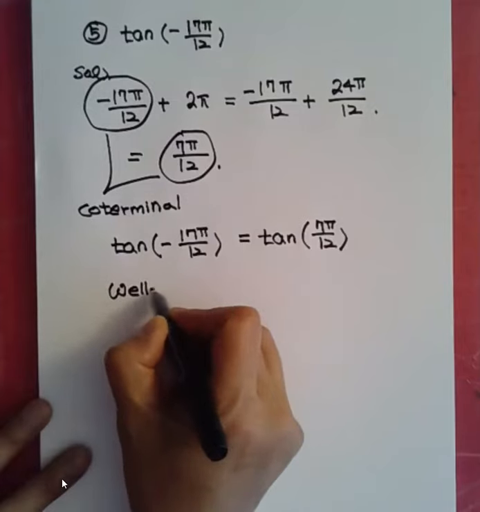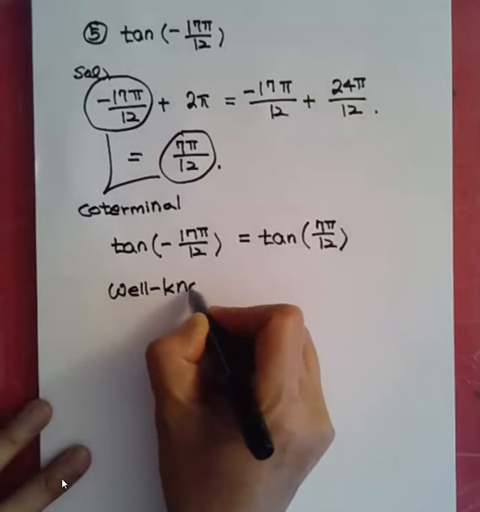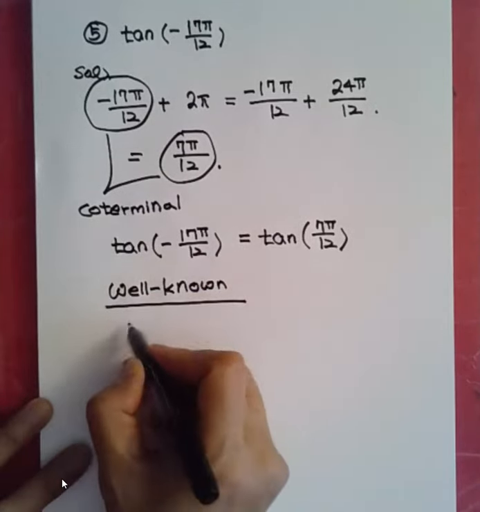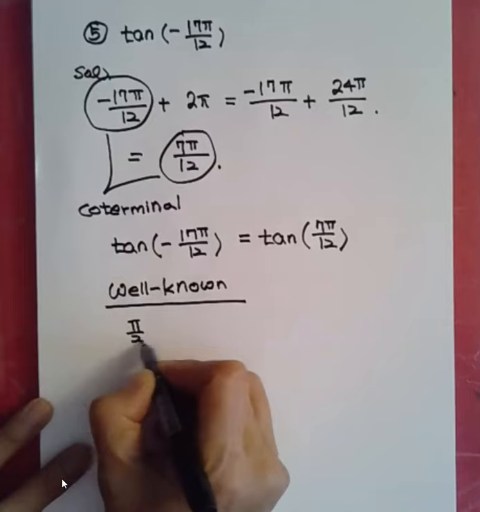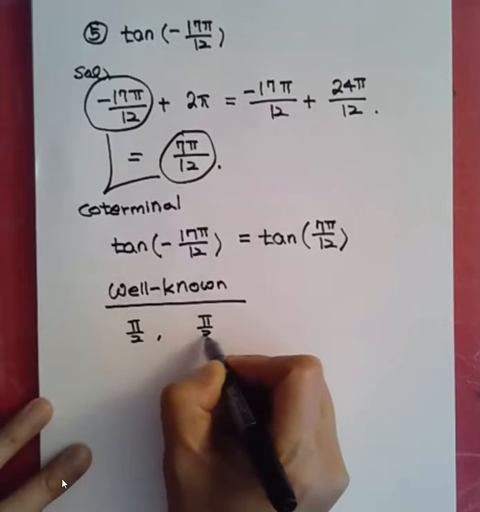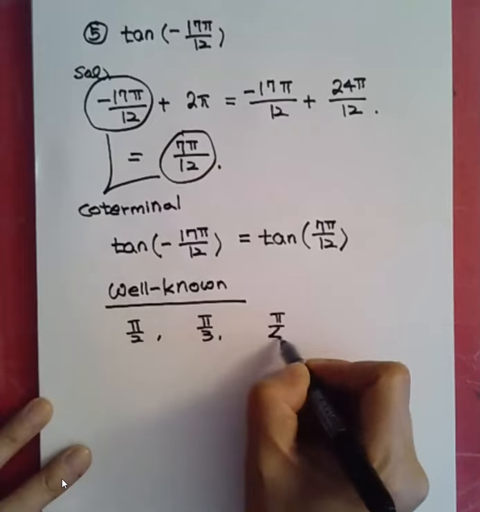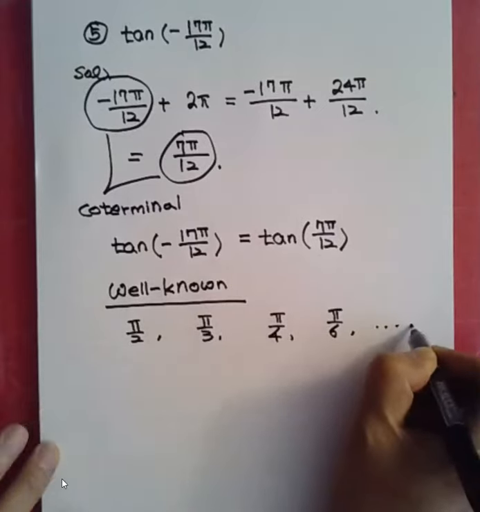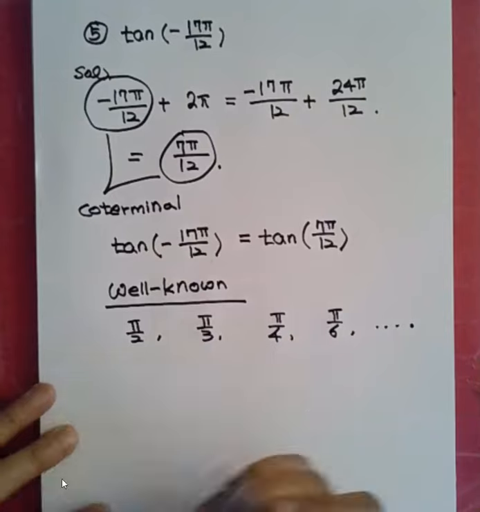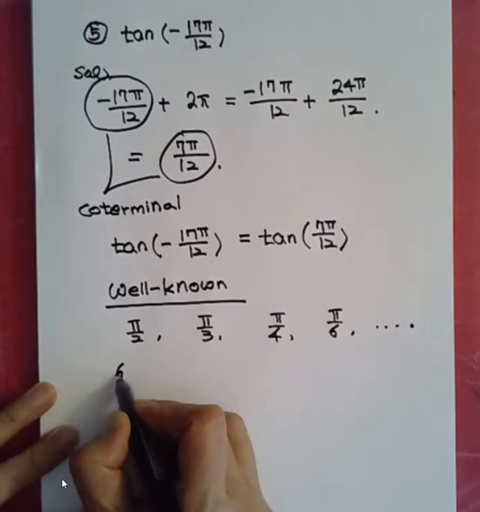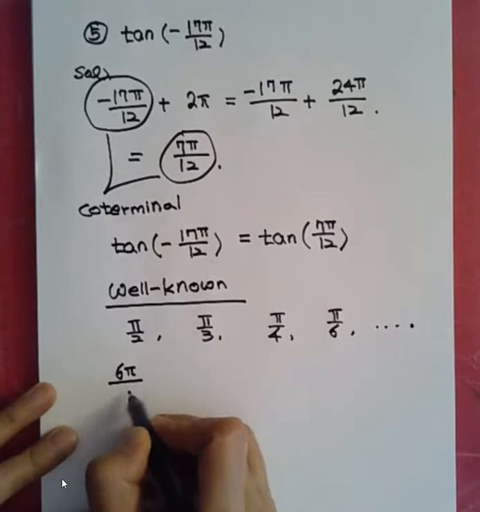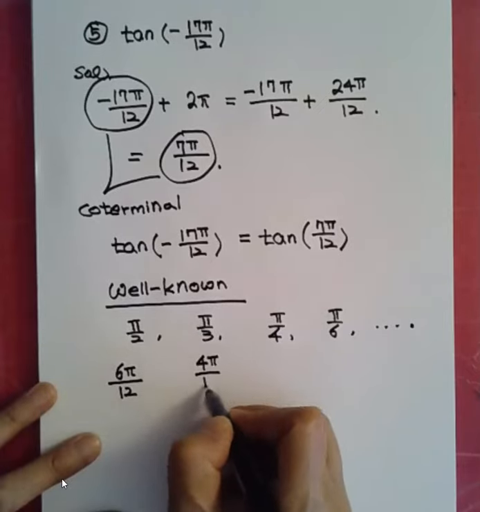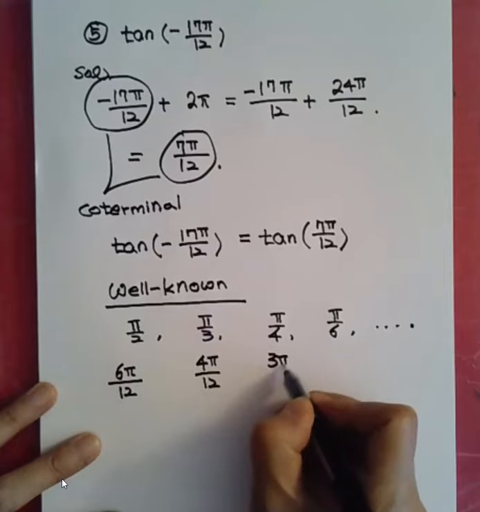As we did, we will think about the well-known angles. Those were pi over 2, pi over 3, pi over 4, and pi over 6, and so on. The common denominator was 12, and we could rewrite that as 6 pi over 12, 4 pi over 12, and 3 pi over 12.